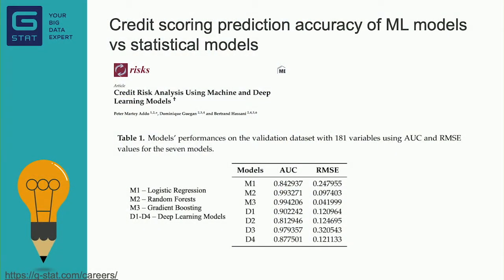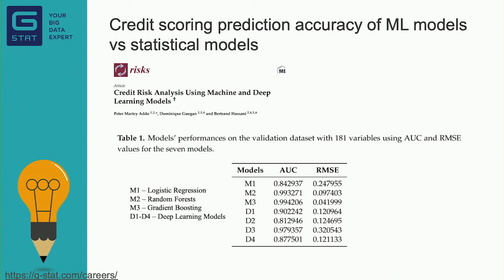This is an example of the results. This is a credit scoring problem. We have logistic regression, random forest, gradient boosting, and deep learning models. For logistic regression, the AUC is 0.84. For random forest it is 0.99.